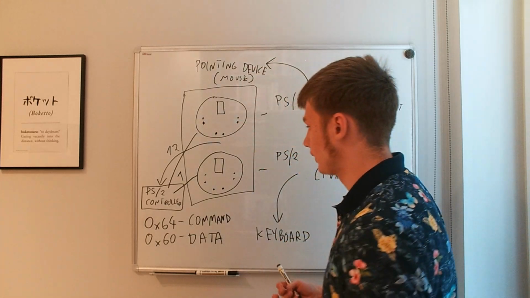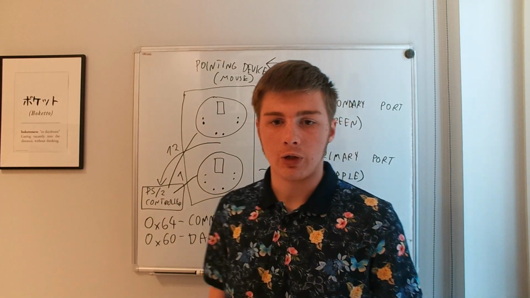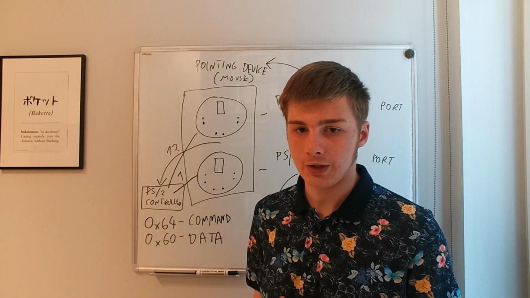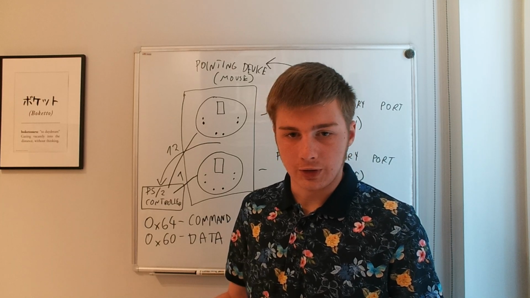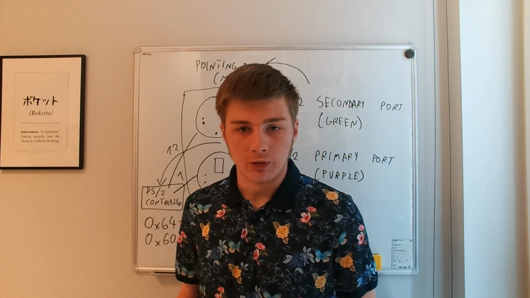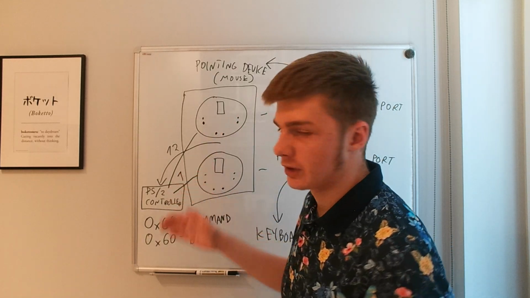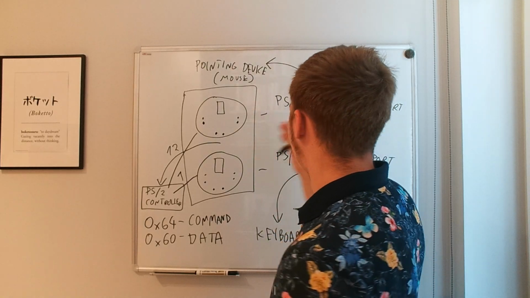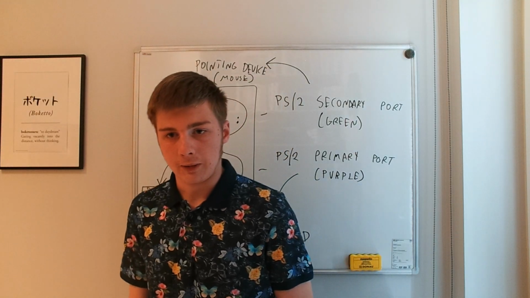And because of that, one has to make sure that not only the 12th IRQ is unmasked, but also the second IRQ channel has to be unmasked in order to allow for a cascade. So the cascade, or the second IRQ, should be unmasked in order to allow for the slave PIC to handle interrupts from the PS2 secondary port correctly.